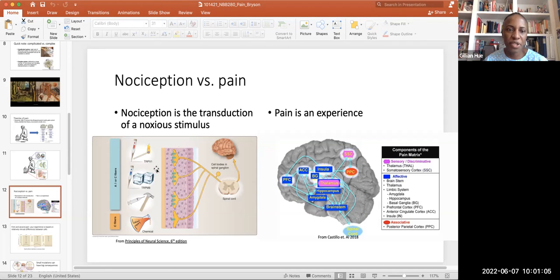So from the receptors and the stimulus, we can get a transduction, or a change from the physical environment to a neural signal.